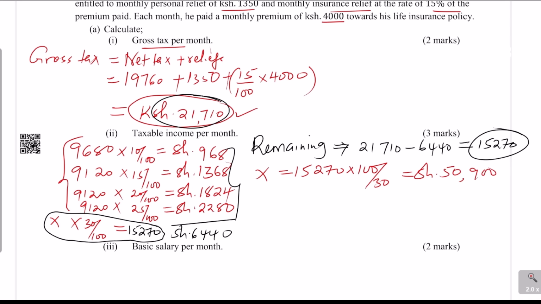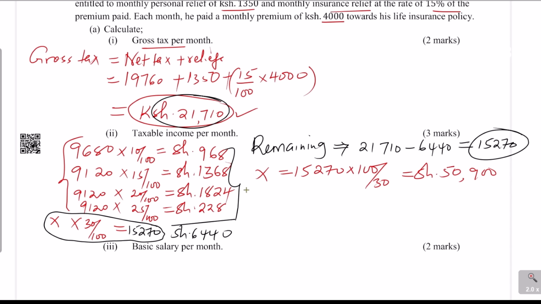So that is the income that was taxed at the rate of 30% in order to give a tax of 15,270. So actually when you add all these taxes here, 968 plus 1368 plus 1824 plus 2280 plus 15,270, you should get 21,710.